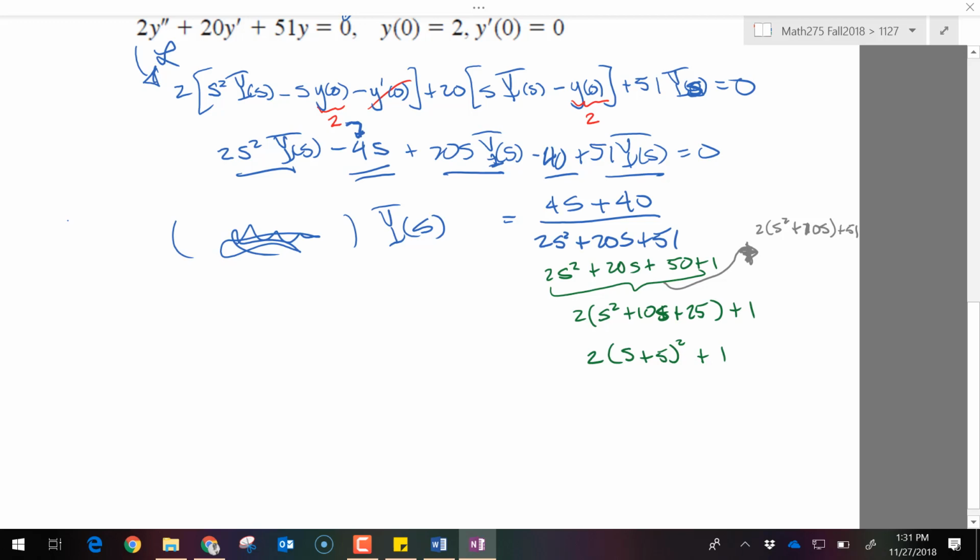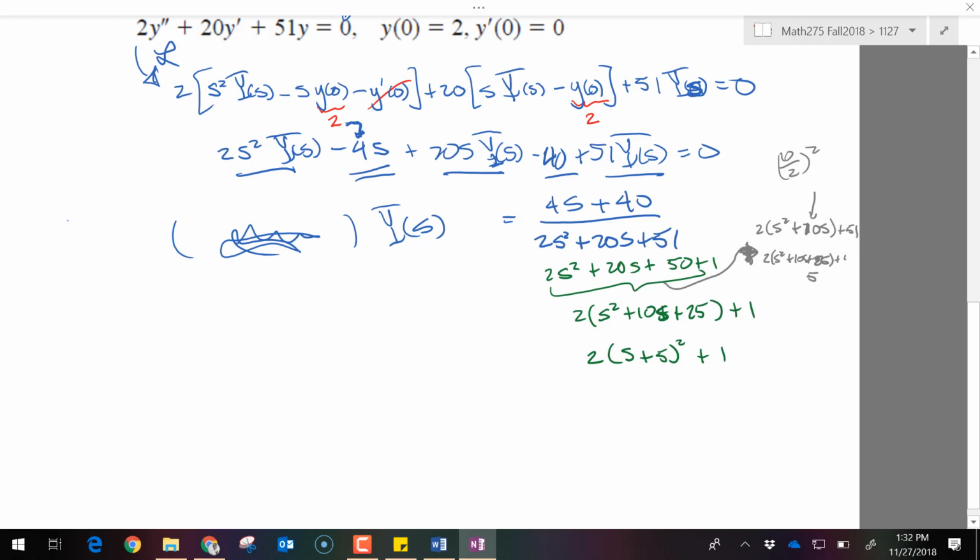And then inside here, I would need to add a 25. I take the middle term, 10, divided by 2, and then square it. So that's going to be my perfect square number, 25. So I have 2s squared plus 10s plus 25.